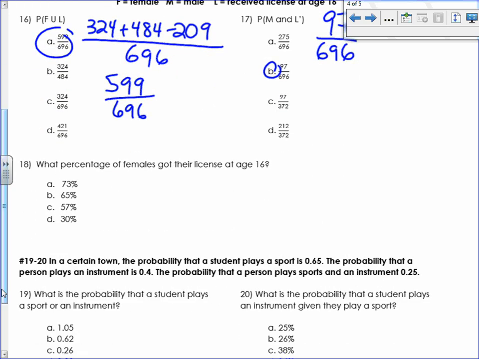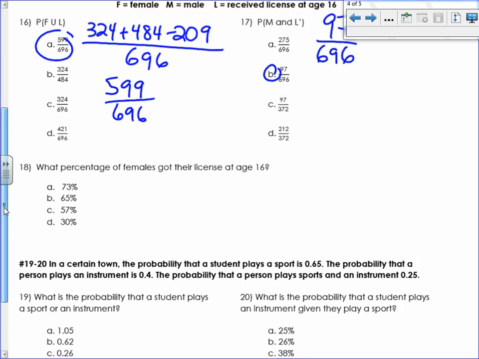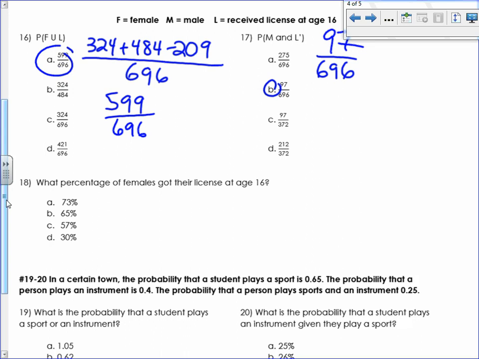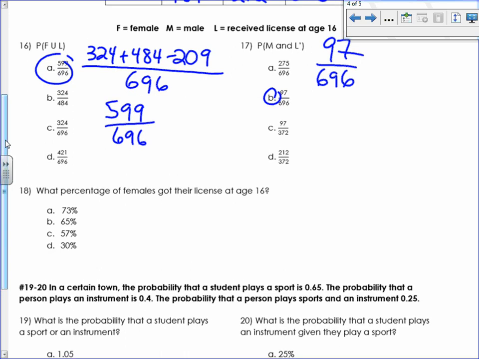Number 18. So here, this goes to your point, Whitney. What percentage of females got their license at 16? So that tells you what your denominator is. There are a lot of things I've been saying that you should be writing on your note cards, because these are things that are confusing for some of you, and a lot of you are on your phones, and people are sleeping. So I hope that you capture the notes that you need.